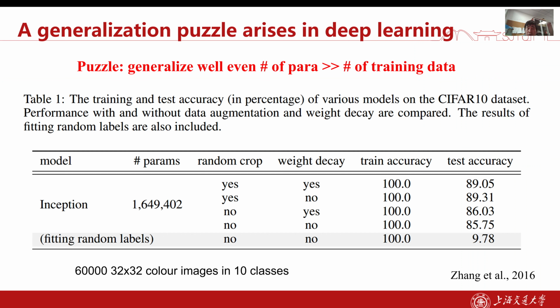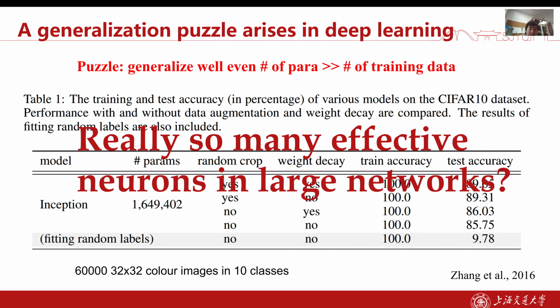Here's an example we have shown previously: even if you use a very large network, with more than 1 million parameters, to fit a data set of just 60,000 data points, it can not only achieve good training error, but also very good generalization error.